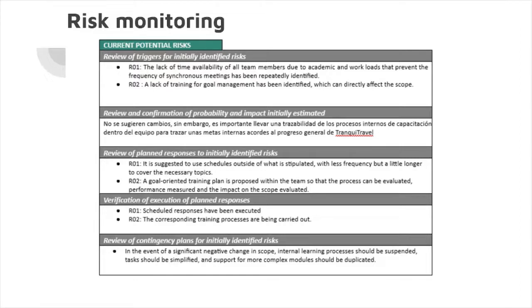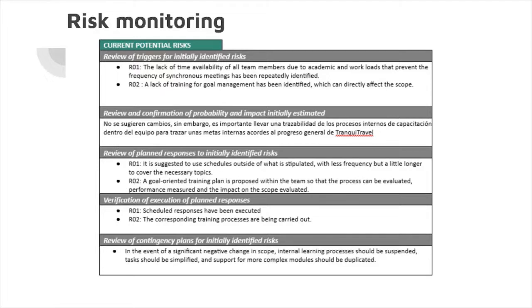Review of plan responses to initially identified risk. R01, it is suggested to use schedules outside of what is stipulated, with less frequency but a little longer to cover the necessary topics.